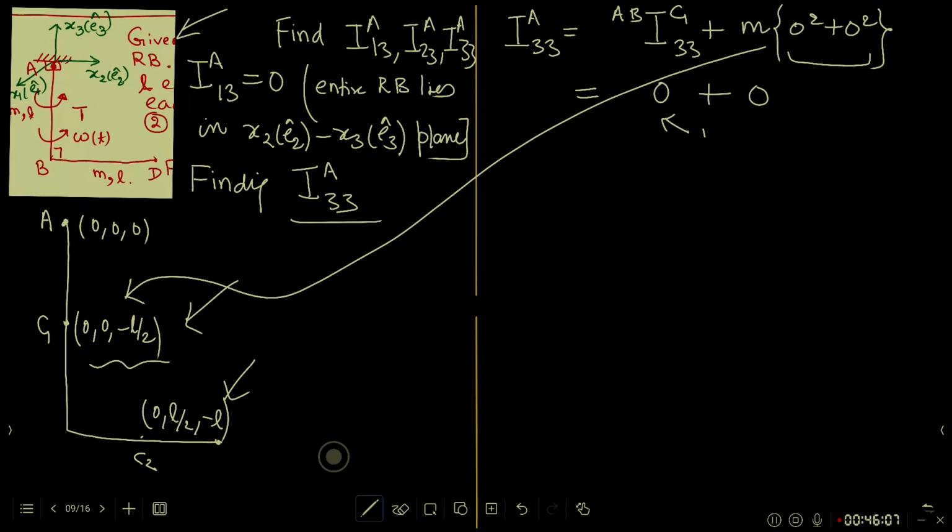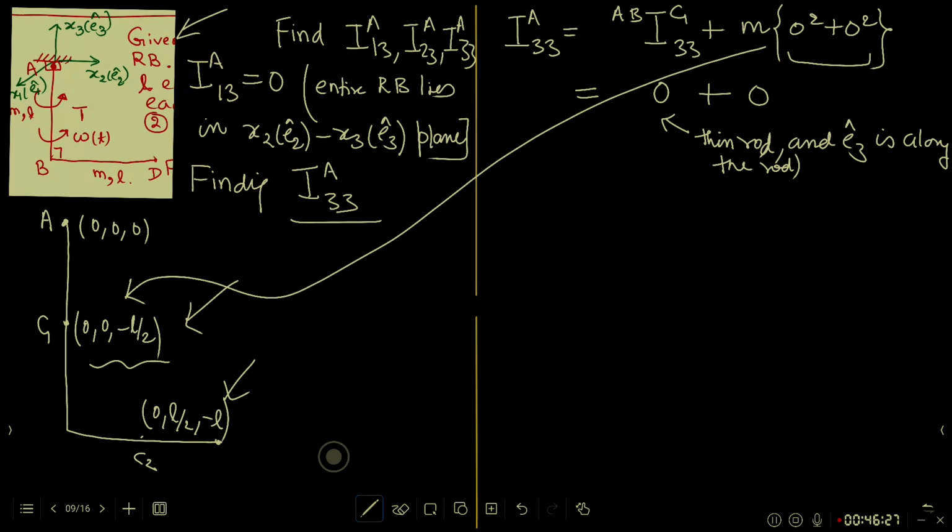So there is no moment of inertia. So this is IA33 of AB I'm talking about. I should have written here IA33 of the whole body.